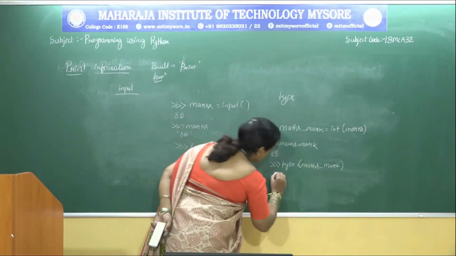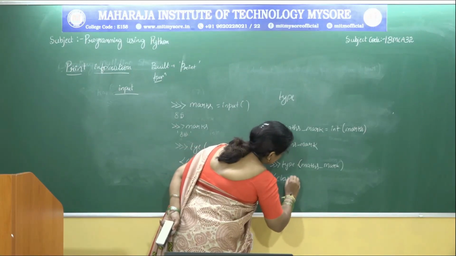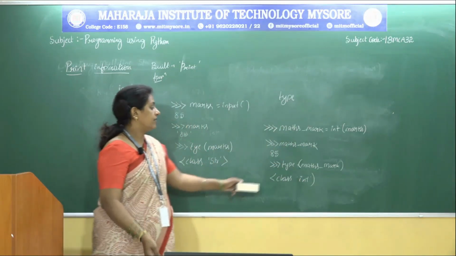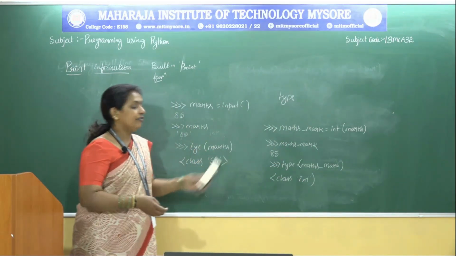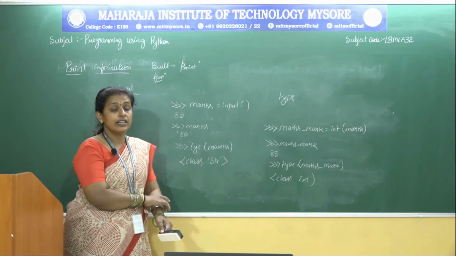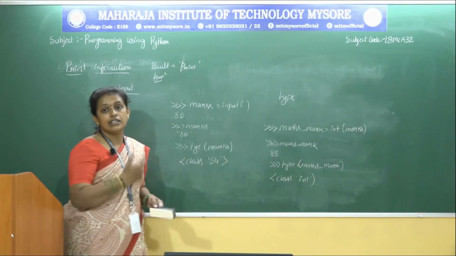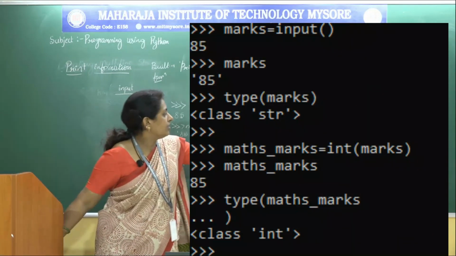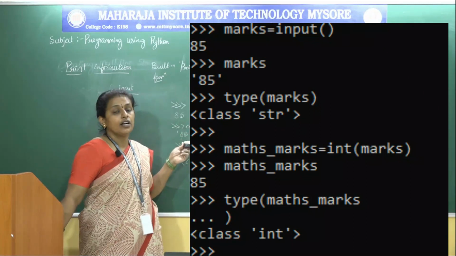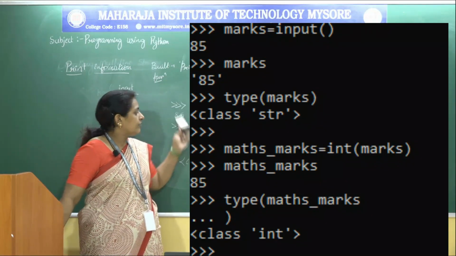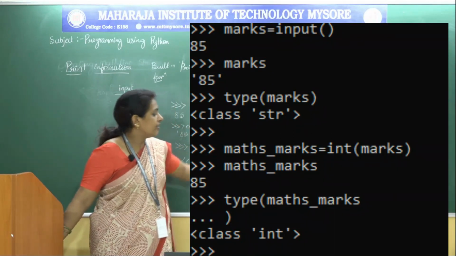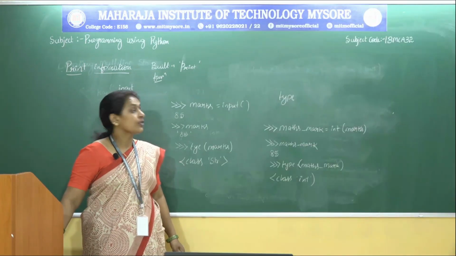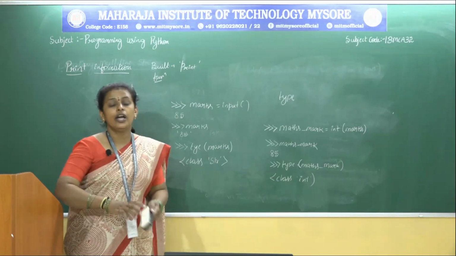After this, I get class int. Okay, this is how type is used. The type tells what data type a particular value or variable belongs to. Got it? The marks was in string format, we converted it to integer format, and then we checked that it is of type int.